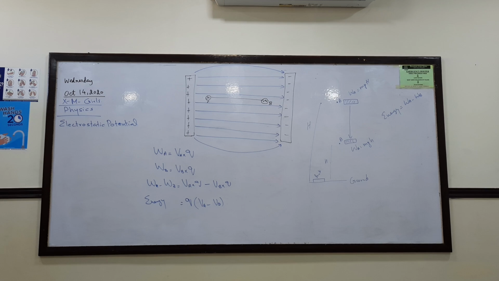Okay? So, if I read it from the book, and it's very simple. A body in a gravitational field always tends to move from a point of higher potential energy to a point of lower potential energy.